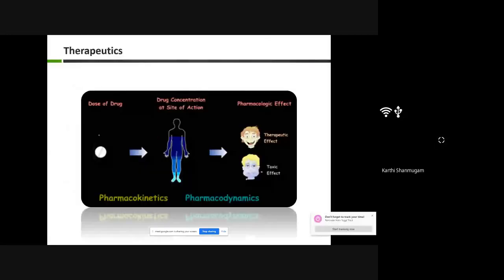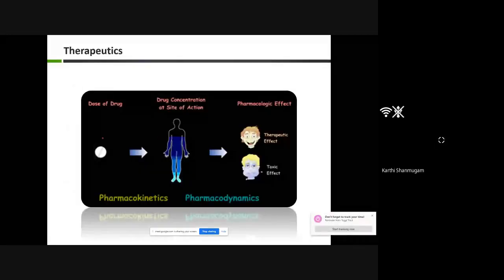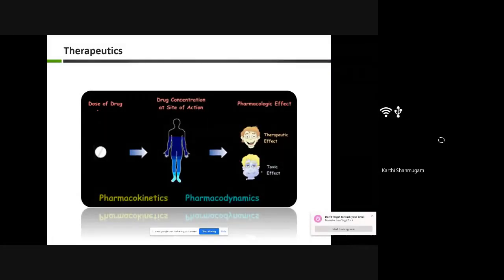Okay, so this is a very simple slide. I have a beautiful image on this. Any drug molecule should be administered with a recommended dose, right? We cannot go beyond that dose. For any drug molecule, there should be some allowed dose for using it either in the animal model or in the human system.